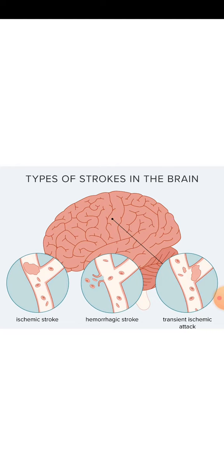Among these three strokes, ischemic stroke accounts for 87%, and it indicates the presence of thrombosis, that is a clot, or embolism or systemic hypoperfusion. Because of that clot, there is decreased blood flow to the brain, and this leads to a decreased amount of oxygen and glucose supply to the particular area.